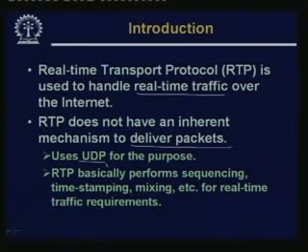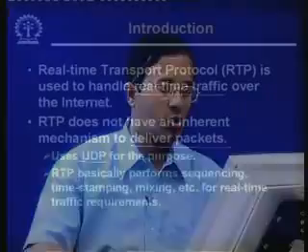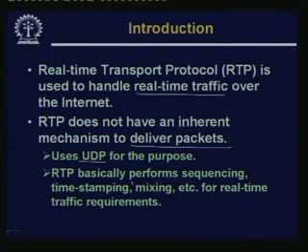So, it is the UDP layer which will actually be delivering the voice packets, and RTP is something which will be sitting on top of UDP. But the question arises, if UDP finally is sending the packets, what this RTP protocol is doing? So, RTP protocol is responsible for a few things. It can perform the sequencing, like the receiving RTP can check the sequence number in the packets or the timestamps.